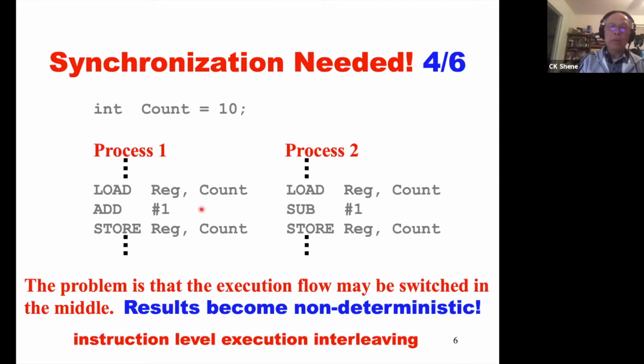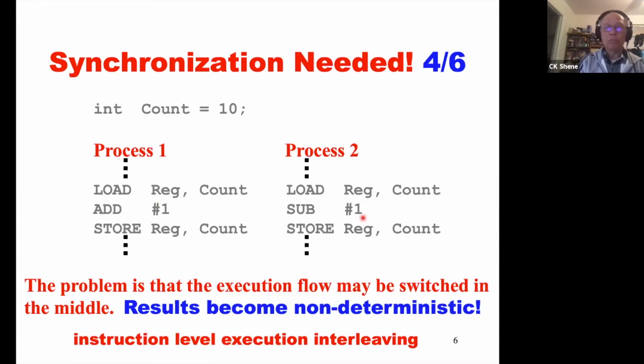So in other words, we may have context switches here, here, here, or here. Once a context switch occurs, the other process could get the CPU and do some computation that could affect this process's results. The results could also become non-deterministic. So this is referred to as instruction level execution, because the execution could switch here, here, here, rather than at the end of a higher level language statement.